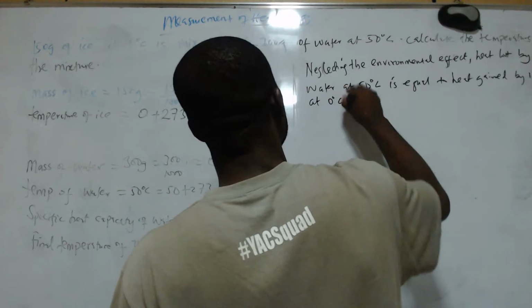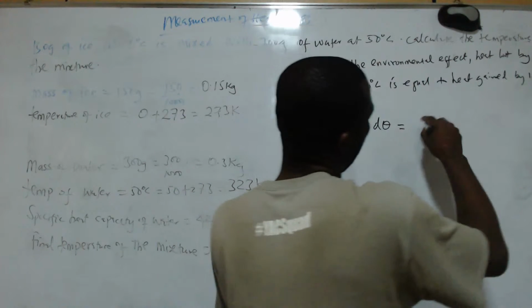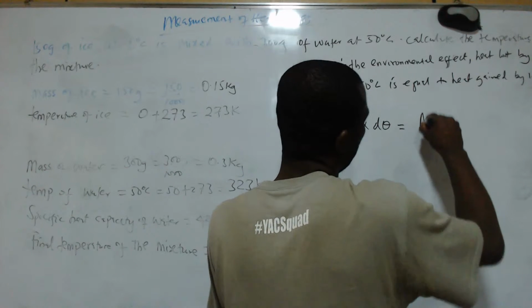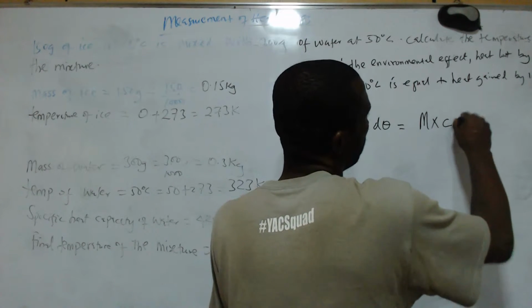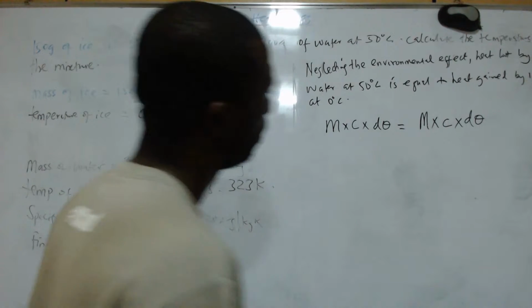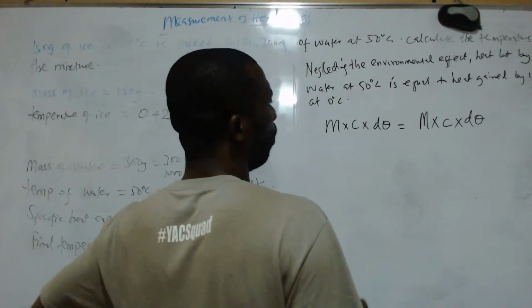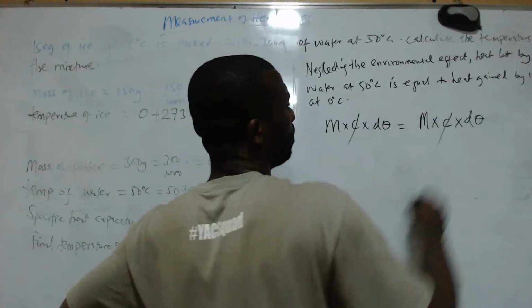at 0 degrees centigrade. So this is for water, then this one will be for ice, mass times specific heat capacity times change in temperature. That is it. So now we will cancel specific heat capacity because they are the same.